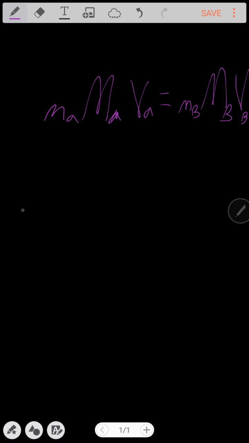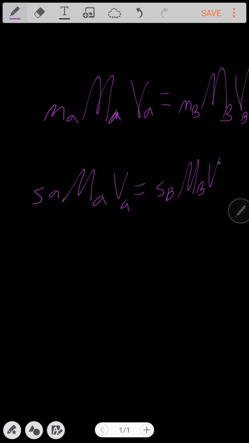In Ms. Rania's class, which I think is more appropriate, we said the subscript of the acid times the molarity of the acid times the volume of the acid should be equal to the subscript of the base times the molarity of the base times the volume of the base.